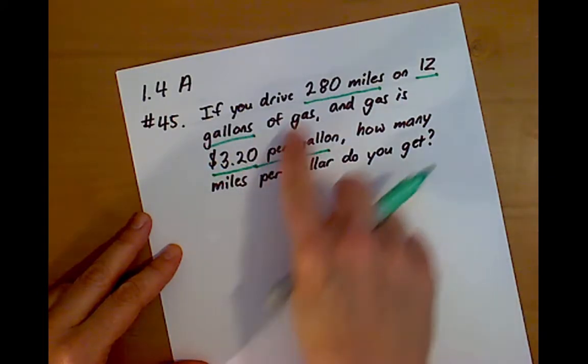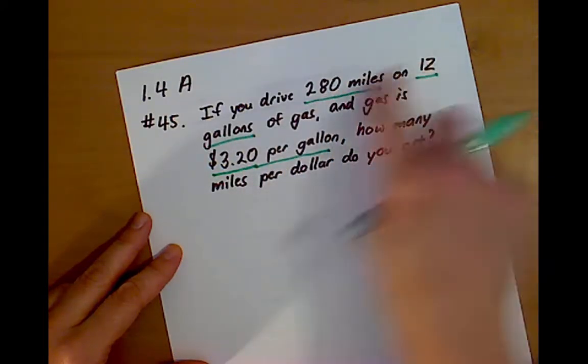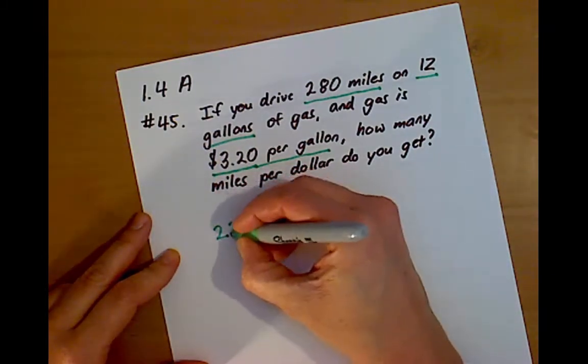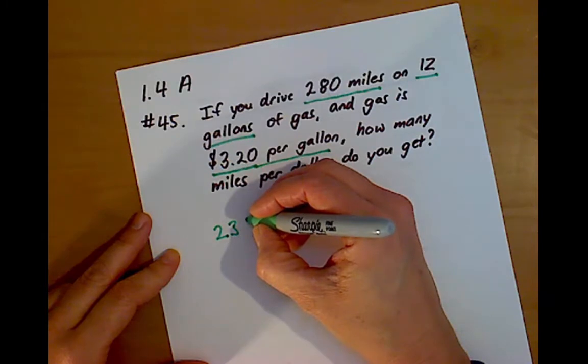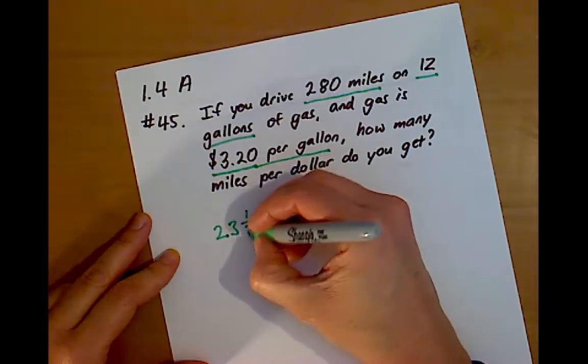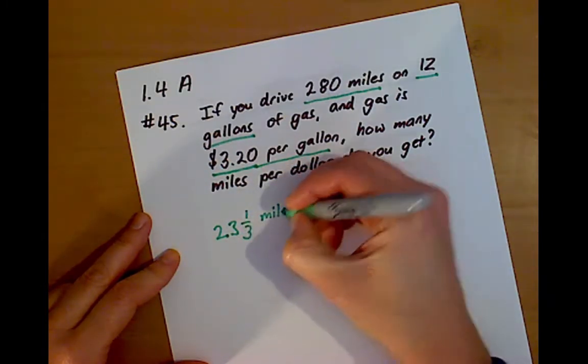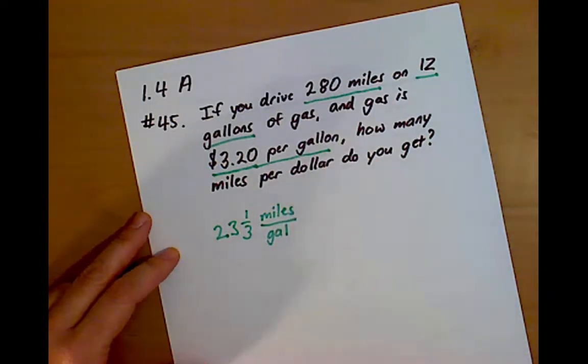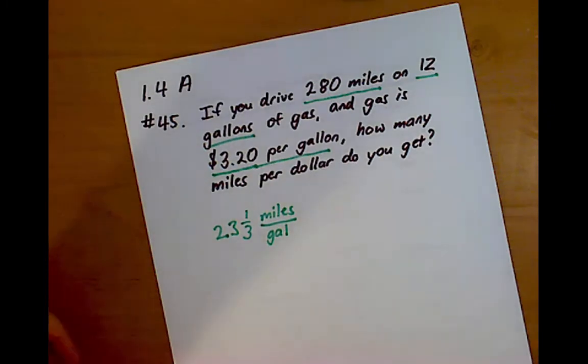So we've already figured out that for 280 miles and 12 gallons of gas, we would be going 23 1/3 miles for every gallon of gas. So you use up a gallon of gas, you drive 23 1/3 miles, right?